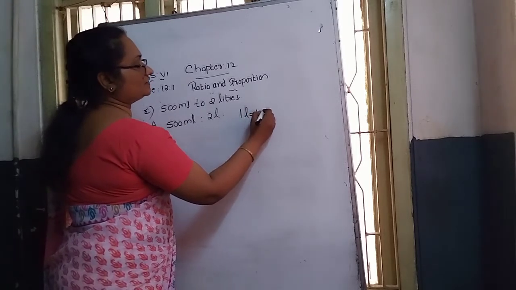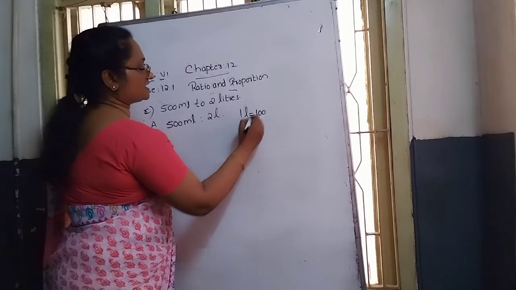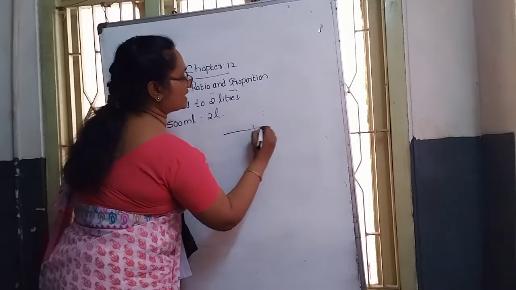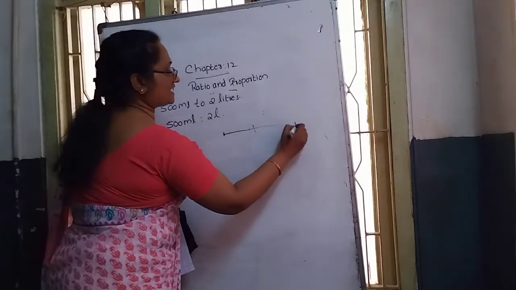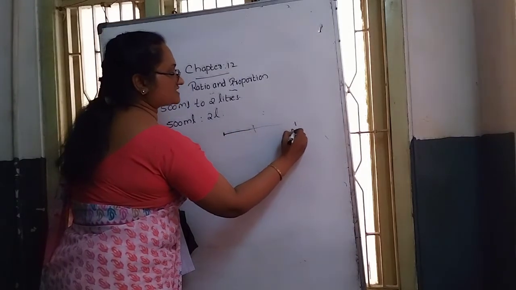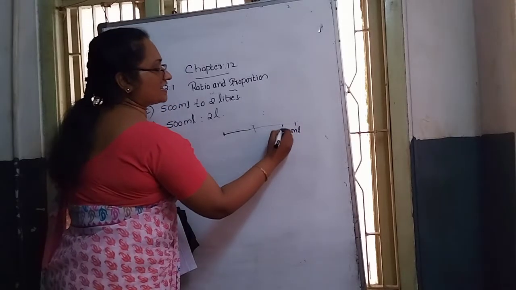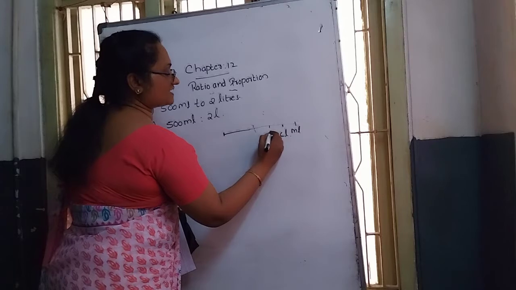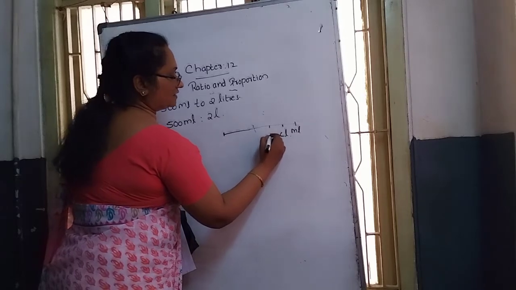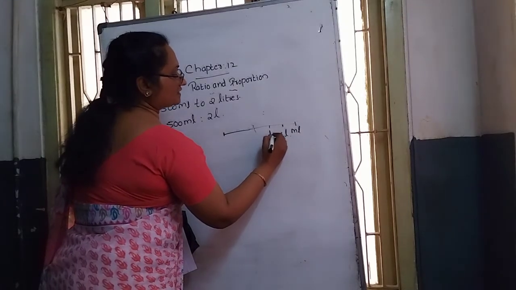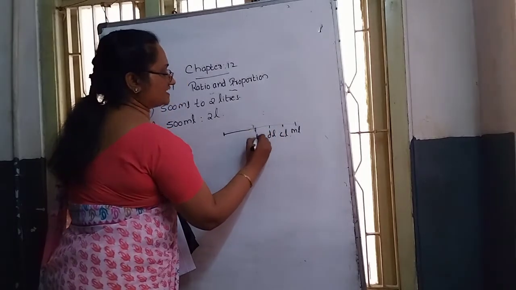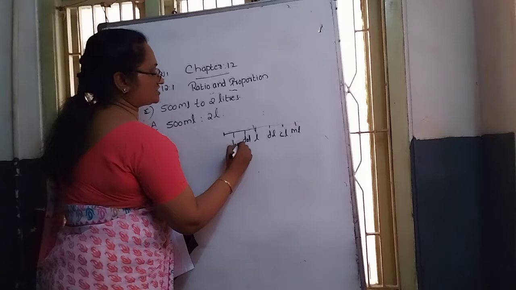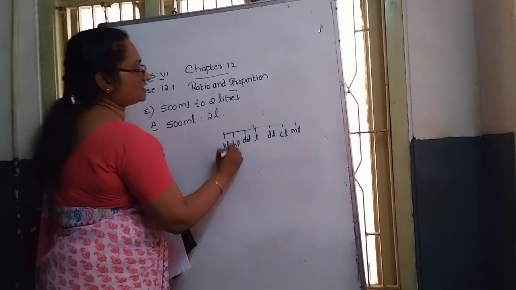1000 milliliter. Look at the number line: the smallest unit is milliliter, then centiliter, next deciliter, next liter, then decaliter, hectoliter, and kiloliter.